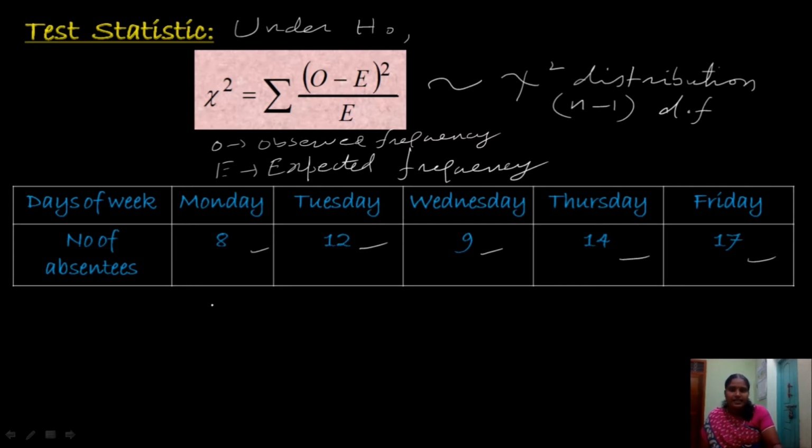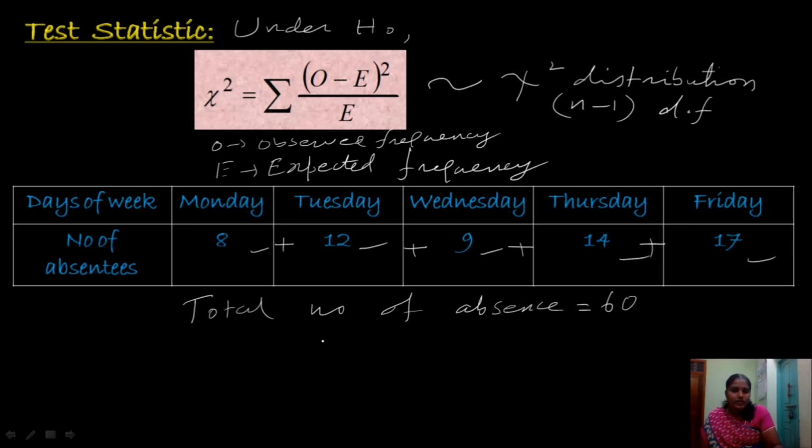For that, let me first calculate the total number of absences by adding all these values together: 8 plus 12 plus 9 plus 14 plus 17. By adding all these values together, I get the total as 60, isn't it?